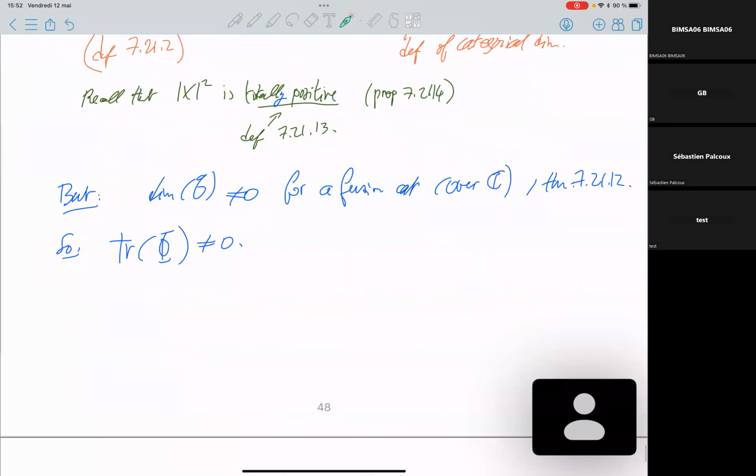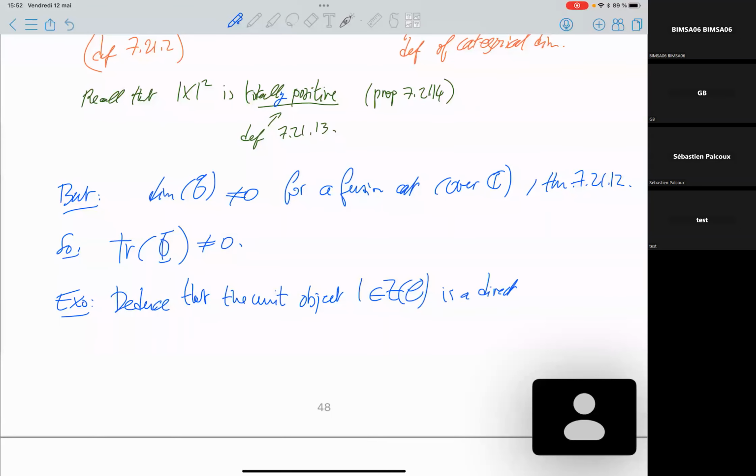And the exercise to finish the proof is to deduce that the unit object 1 in the center is a direct summand of the projective object I1 tensor I1 star.